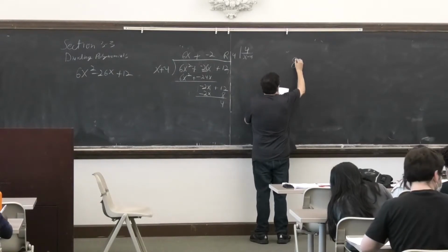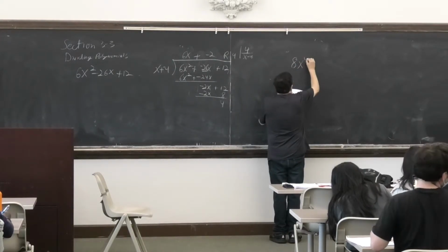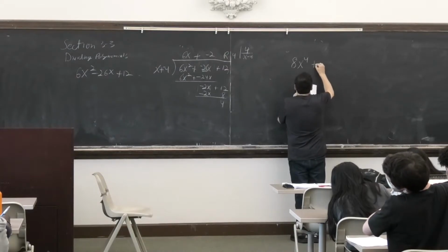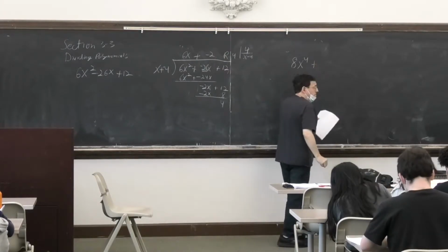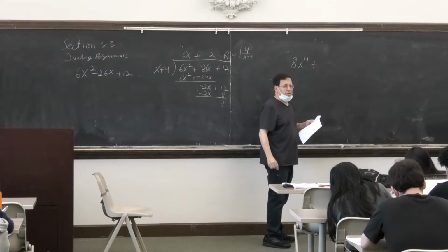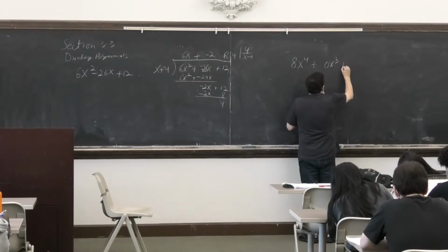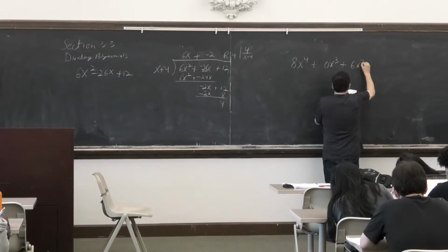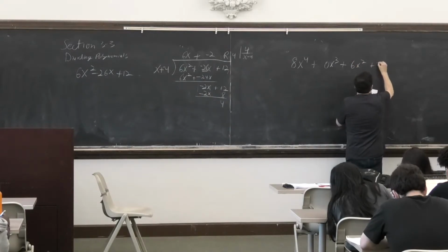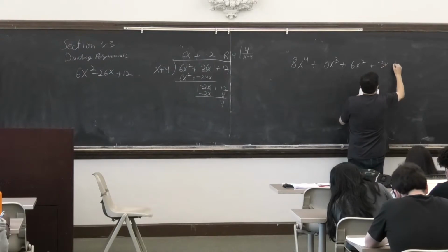We're going to divide 8x to the 4th plus 6x squared. So I'm going to put 0x cubed plus minus 3x plus 1.